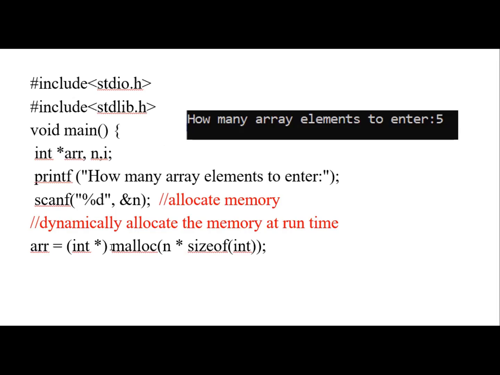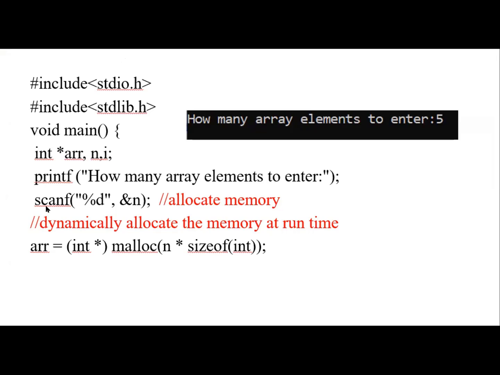By the way, when you use the malloc function, you have to include its header file. We have already learned stdio.h, which we use since we are using the printf and scanf functions.